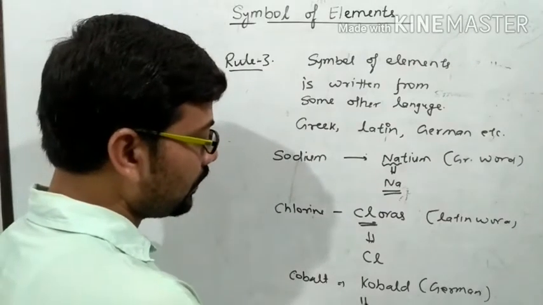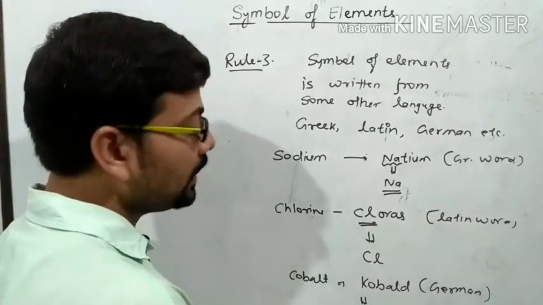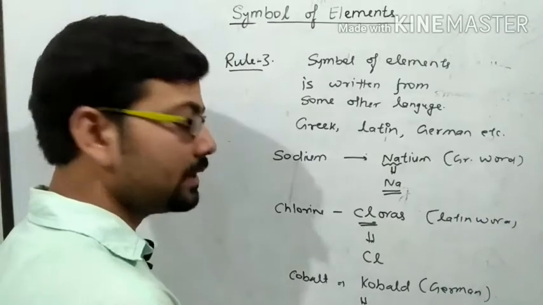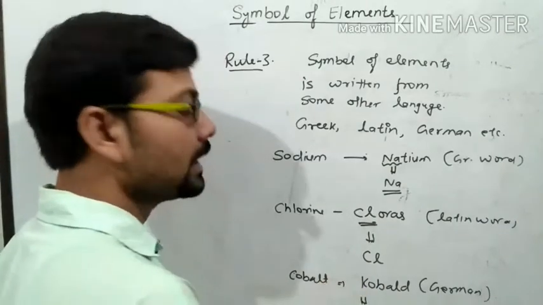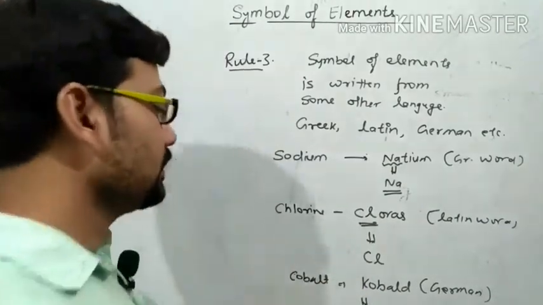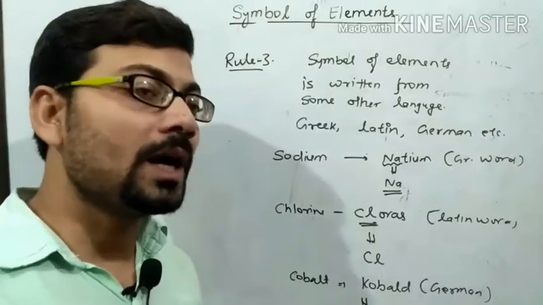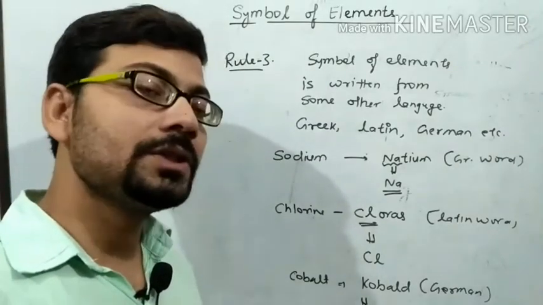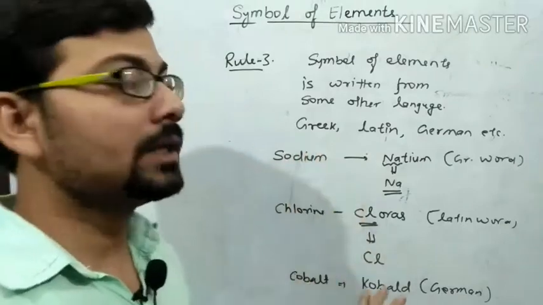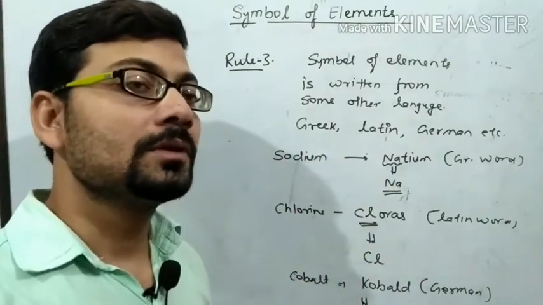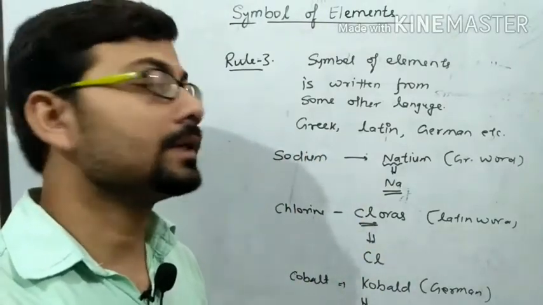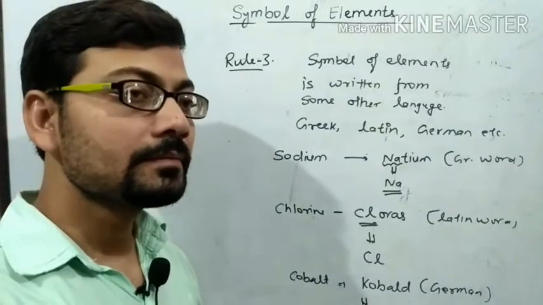The pronunciation is Co, so the symbol of cobalt is Co. So these are the basic 3 rules for writing the symbols of the elements.